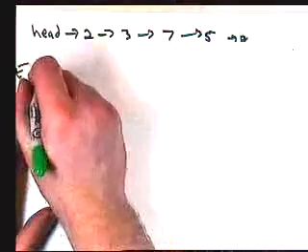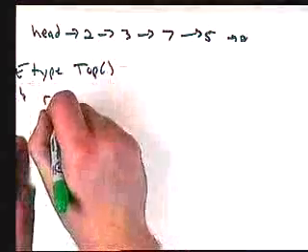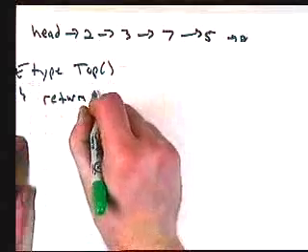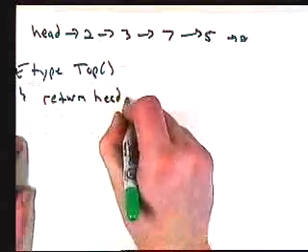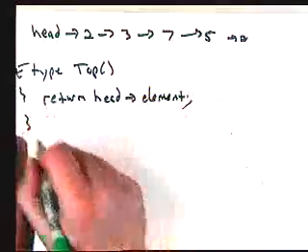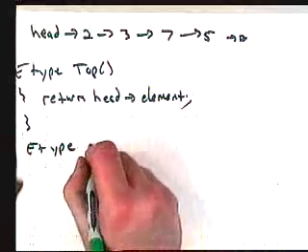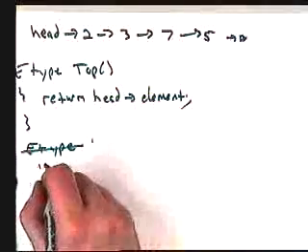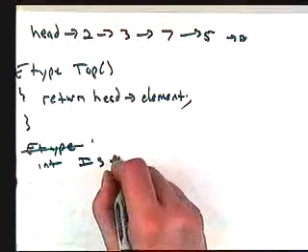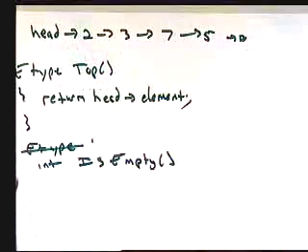And if I'm going to have the function top, well, that's easy enough. I simply just return head arrow element, the element in the head cell. And if I want is empty, that would be used in a situation where I had no dynamic nodes because I had nothing in the list.